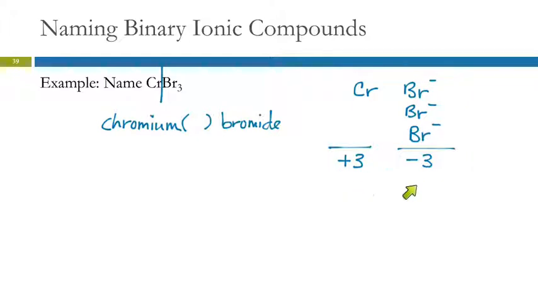These have to add up to 0. There's only 1, and so it must be +3. If there was more than 1, they'd have to split the charge equally, and charges have to be whole numbers. So if this has got a 3+ charge, what Roman numeral do I put in parentheses?